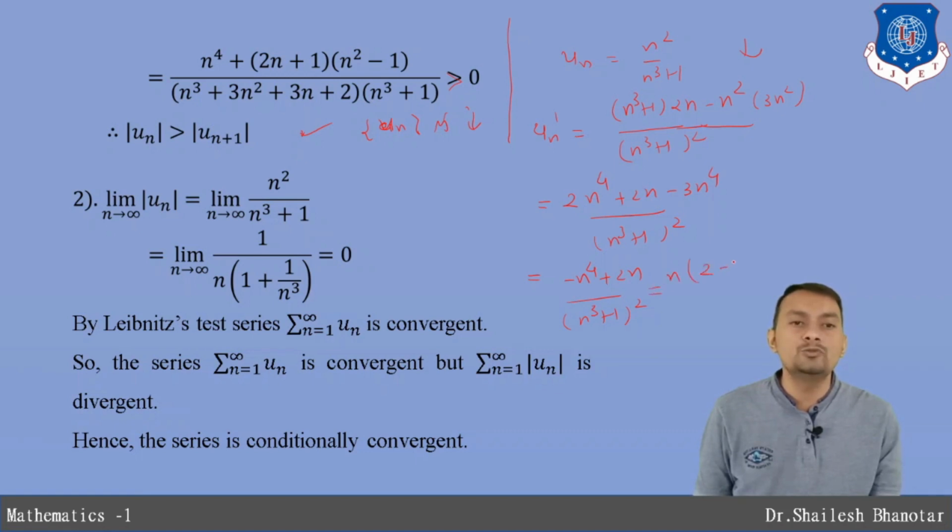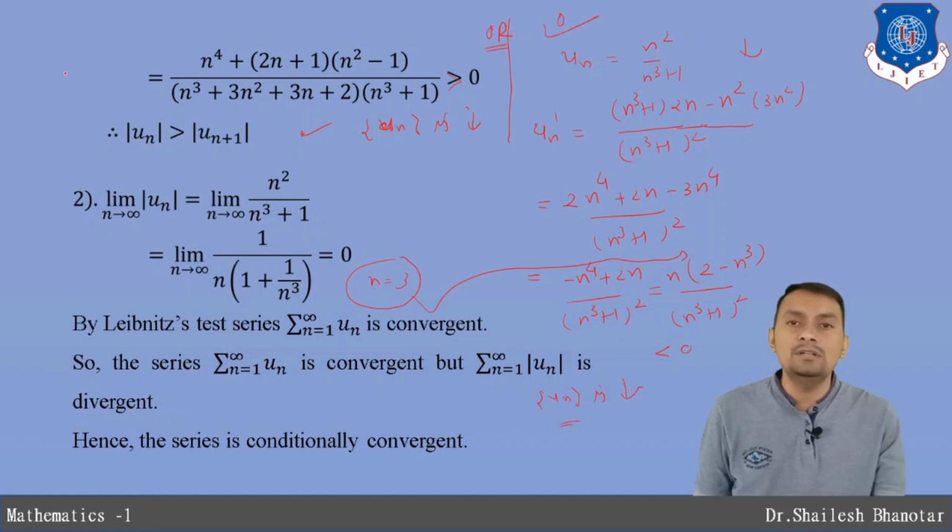So you will get 2 minus n raised to cube, divided by n cube plus 1 raised to power 2. But if you put n equal to 3 for simplicity, what will it be? It is clear that 2 minus 27 is going to be negative, and therefore we can say that the sequence un is decreasing.